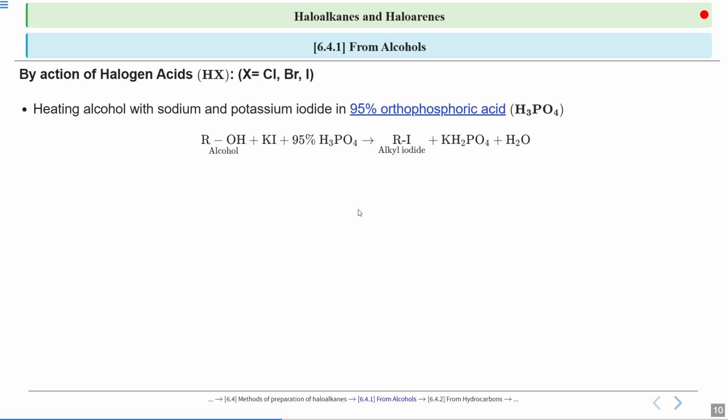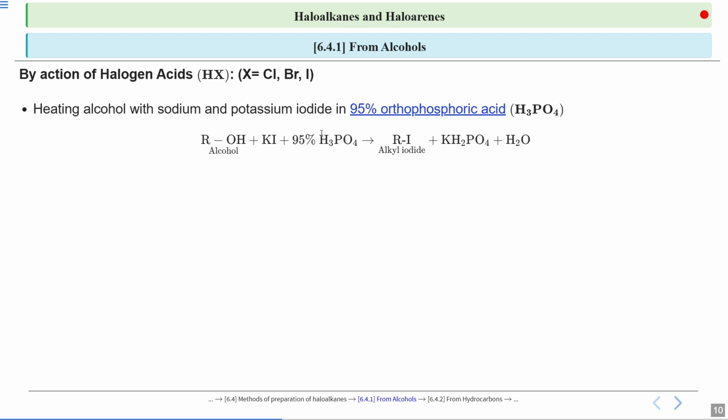And then it will prevent the hydrogen iodide from participating in the reaction to give us the alkyl iodide. So that's why we are using 95% H3PO4 here, which is a non-oxidizing agent.